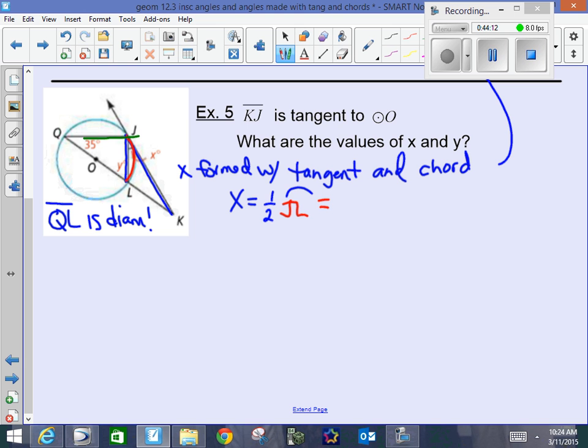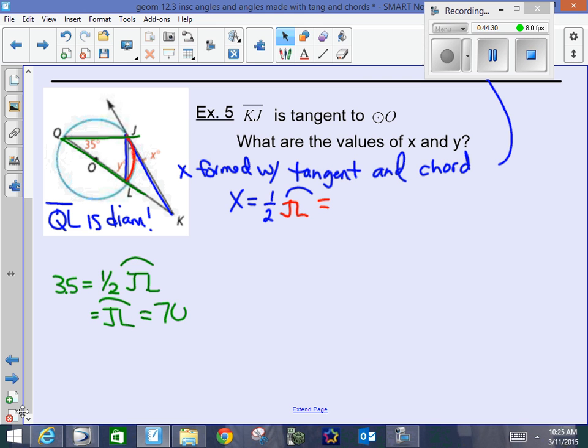If this is an inscribed angle, 35 is half of its intercepted arc, which is also JL. So JL must be 70, because half of 70 is 35. Okay? So that means we can put a 70 in here and yes, 35 correct. So good for you, Hannah, you started it.